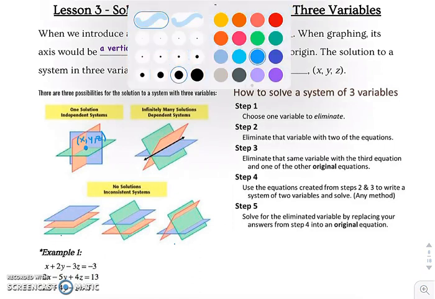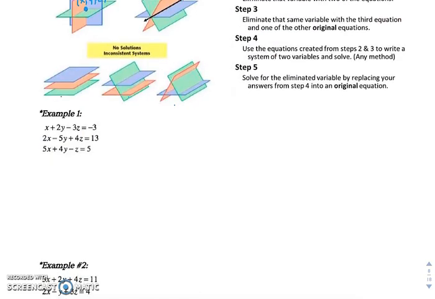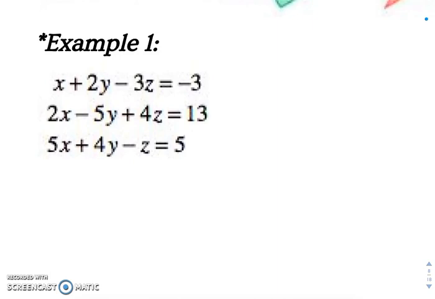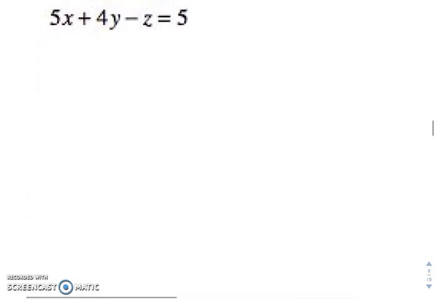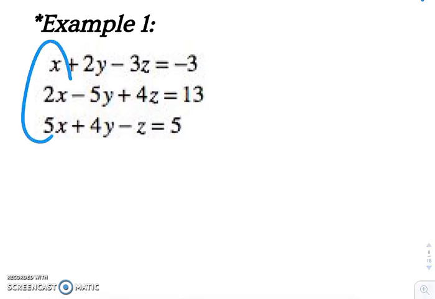If we look at example 1, you first want to look at it and say, okay, what looks like it might be the easiest to eliminate out of my x's, my y's, and my z's? If I'm looking at my y's, I've got 2, 5, and 4. My z's, I've got 3, 4, and 1.